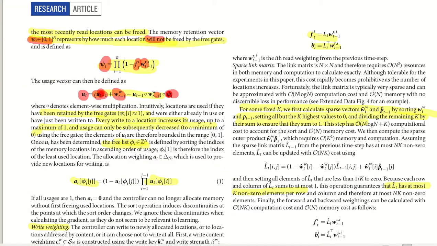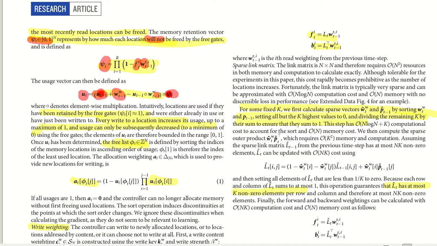Then the usage is going to allow us to rank this usage using phi. Basically phi of 1 is going to be the least used location. It's going to be the index in u that gives us the least used location in the memory.